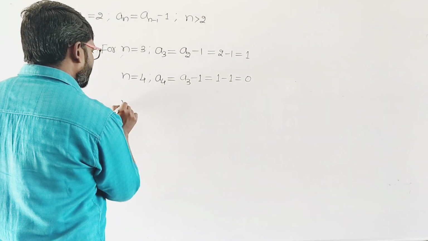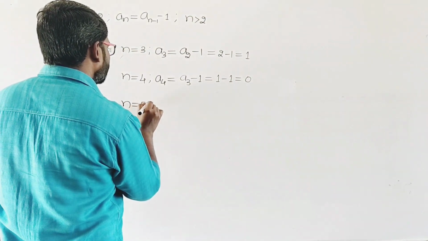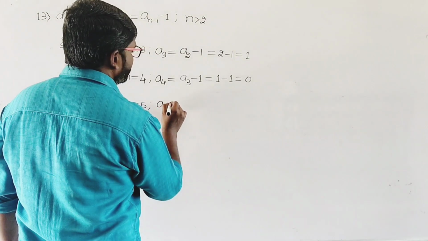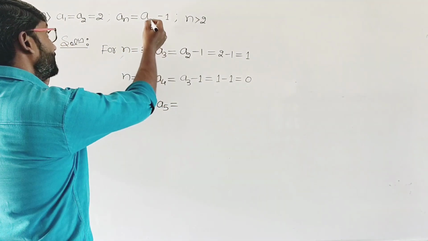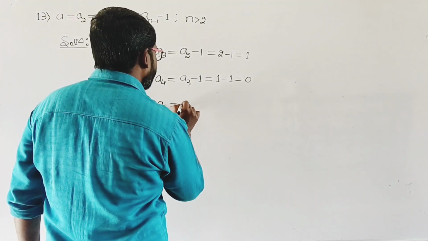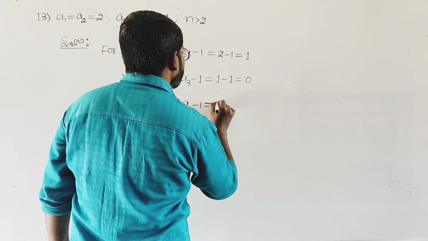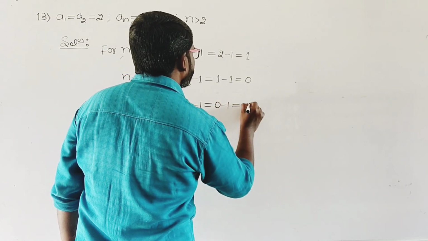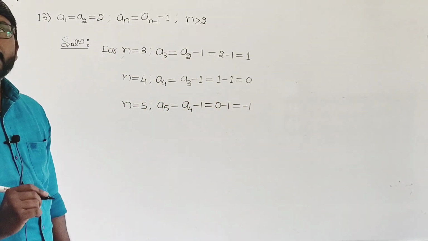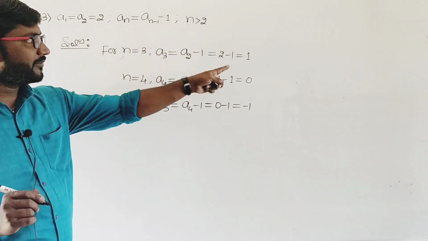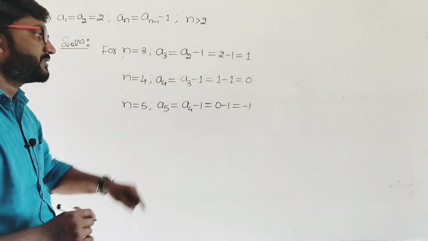Then for n equal to 5, we get a5 which is equal to 5 minus 1, it is 4, you get a4 minus 1. What is a4? It is 0. 0 minus 1 is minus 1. So what are the first 5 terms now? 2, comma 2, comma 1, comma 0, comma minus 1.